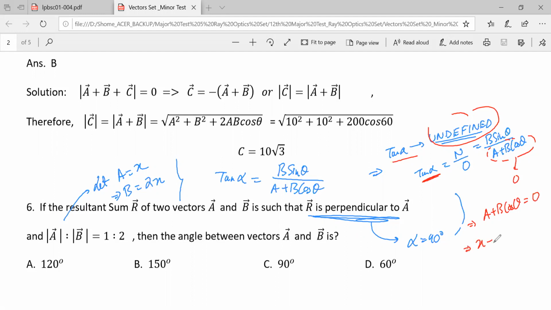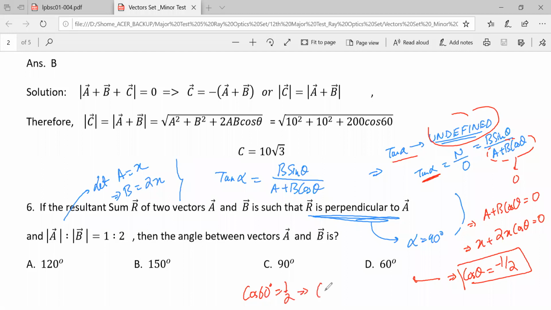So x plus 2x cos theta must be 0. So cos theta must be minus half. Okay. Now you go back to your trigonometry. Okay, you know that cos of 60 is half. Therefore cos of 180 minus 60 is minus half.